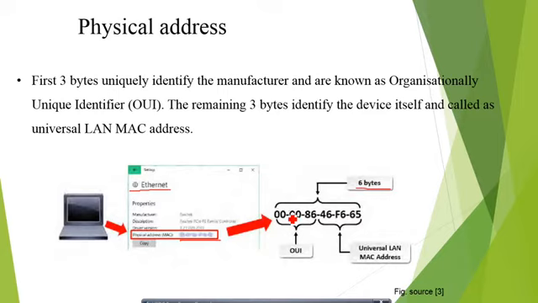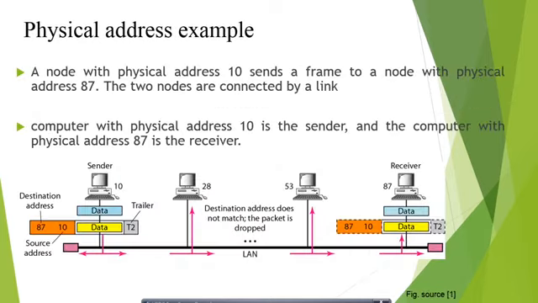Out of the 6 bytes, the first 3 bytes of the physical address or the MAC address identify the manufacturer of that particular system or computer, and the last 3 bytes define the device itself. So this 6 byte MAC address is divided into two parts. This is the example of the physical address.